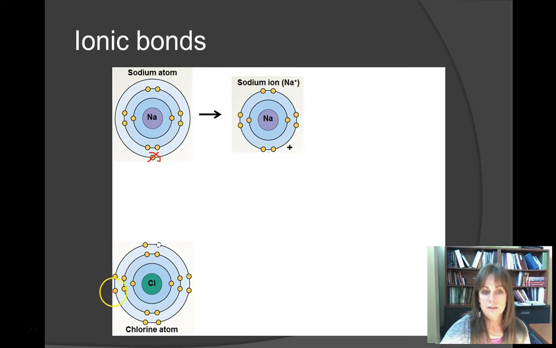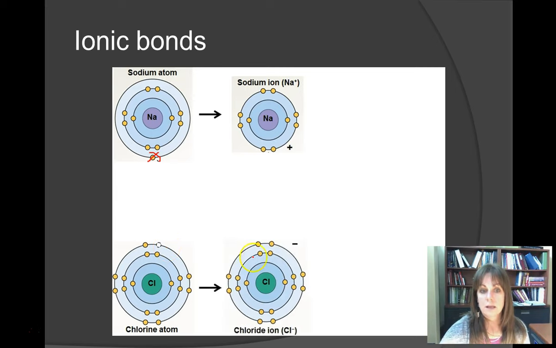It's got 7 electrons in that outer shell, with an empty spot for number 8. To be stable, it gains that electron, which gives it a negative charge. All of this is review. There is nothing bonding yet. It is just unstable atoms that have gained or lost an electron to become stable, but that makes them charged.